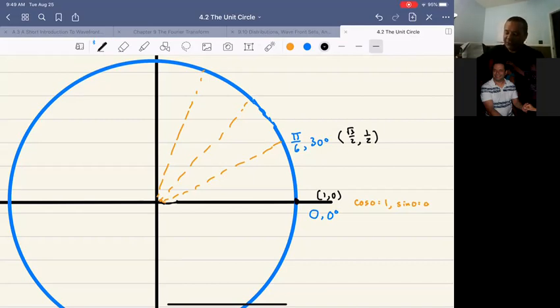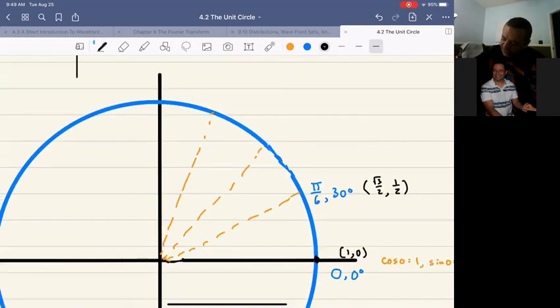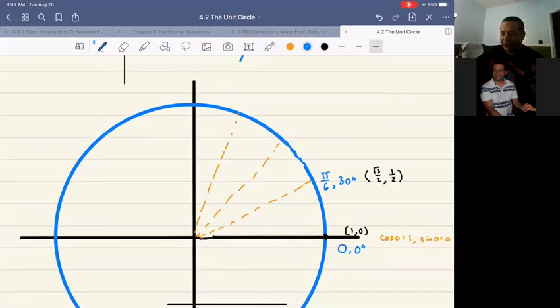The next angle is going to be pi over 4, or 45 degrees. And the point is square root of 2 over 2, square root of 2 over 2. The next angle is pi over 3, or 60 degrees.